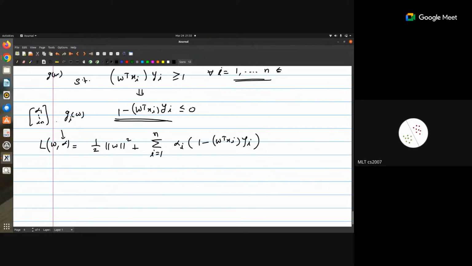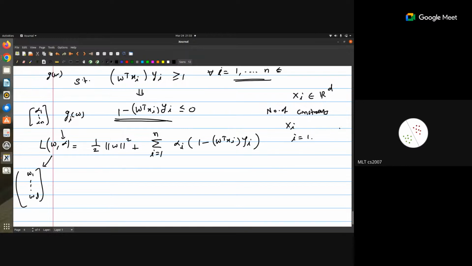So alpha will be alpha_1 to alpha_n, and w will be w_1 to w_d. So each x_i is in d dimensions, and the number of data points is equal to n, with i from 1 to n. Okay, I hope this is clear.